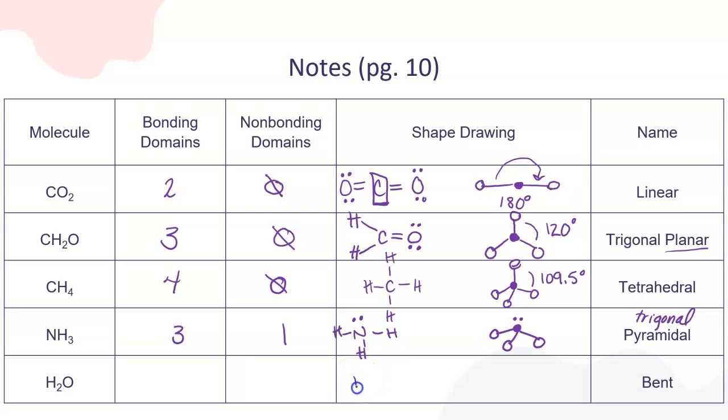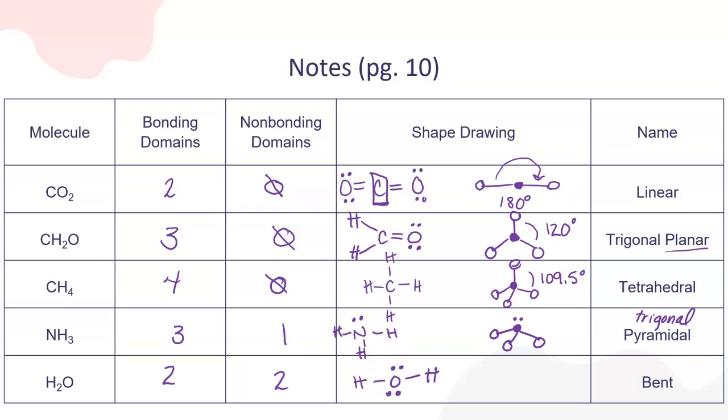Finally, for water, when we draw it, a lot of the times we'll draw it so it looks like this, correct? And we might say that this is linear. But what do lone pair electrons do? They bend stuff. We have two bonding domains and two non-bonding domains, so two pairs of lone pair electrons.